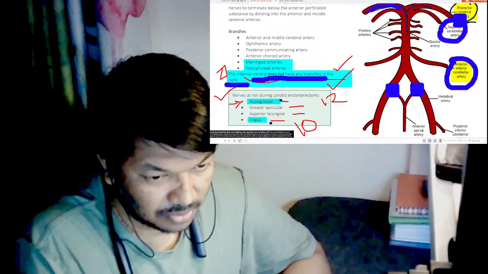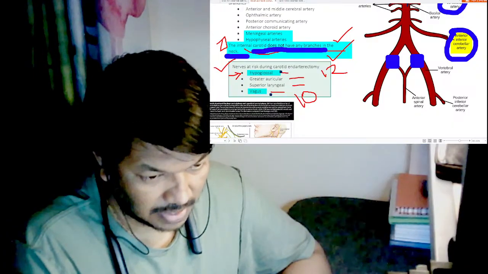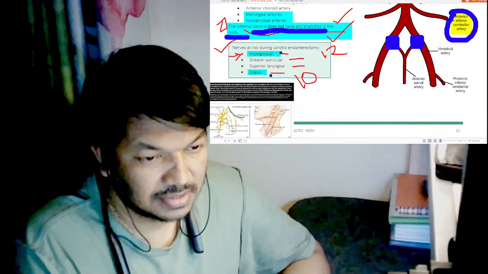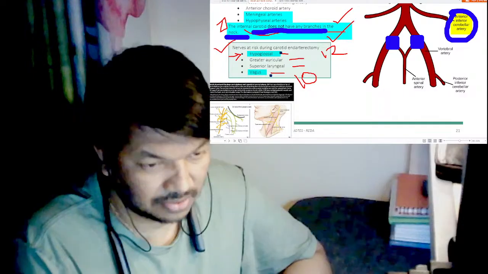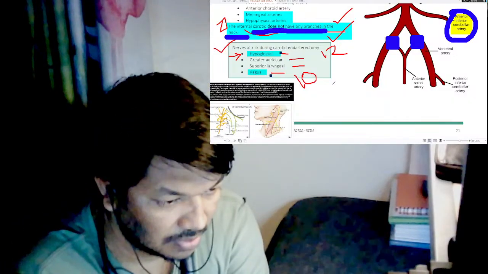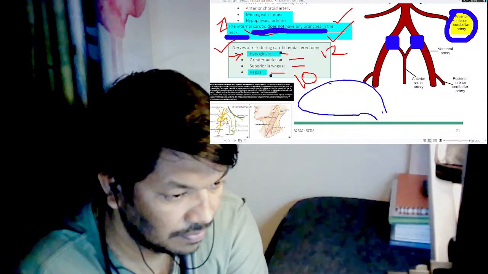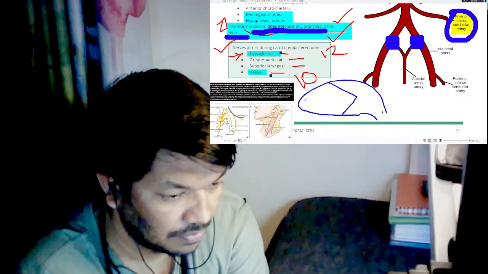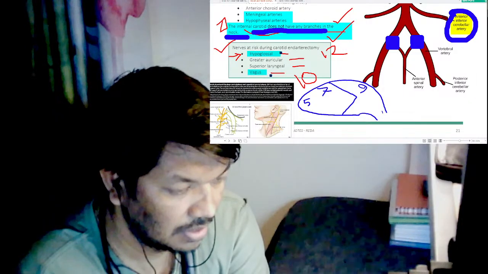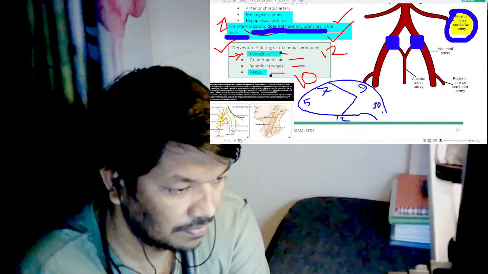This is also an MCQ: nerves at risk during carotid endarterectomy. Those are the hypoglossal nerve and the vagus nerve. You remember the tongue? What was the nerve supply of the tongue? 5, 7, 9, 12.